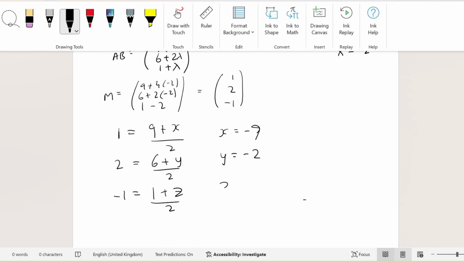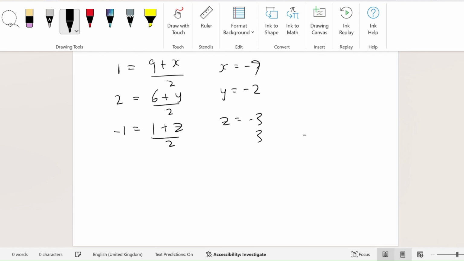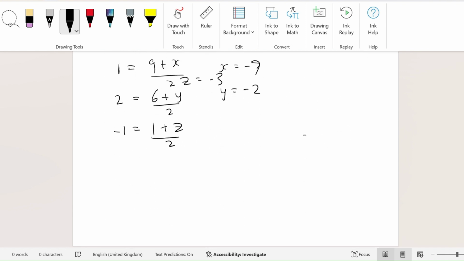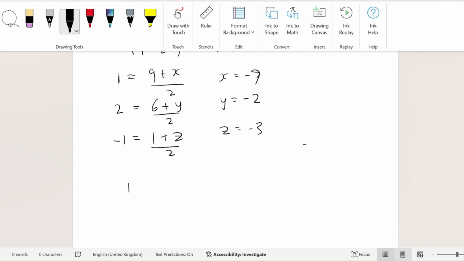And that gives us z is equal to minus 3. So to finish this off, we know that the coordinates of B are (minus 7, minus 2, minus 3).